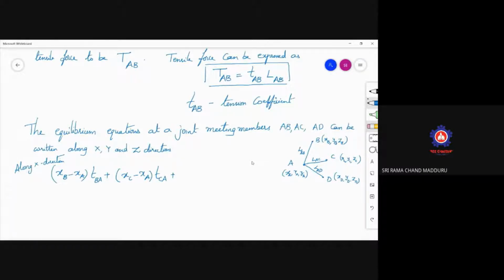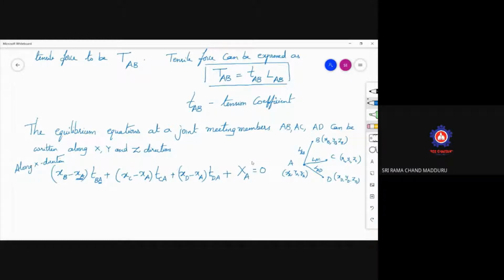So just remember why I am writing it as TCA or TAC. The second term here, XA, is nothing but the joint where you are writing your equilibrium equation, plus XC minus XA is there. Next, XD minus XA into TDA plus XA is equal to 0.